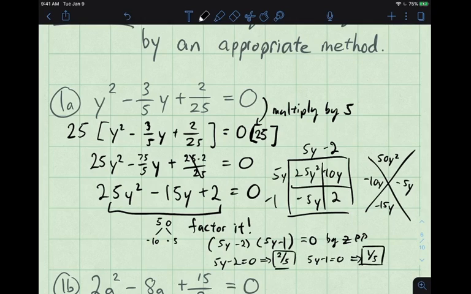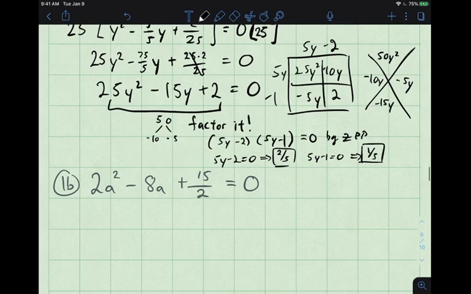Okay. But you could have used the quadratic formula even from the very beginning if you had a calculator. At this point, you could complete the square too. Actually, complete the square is not a good idea. This is not even.